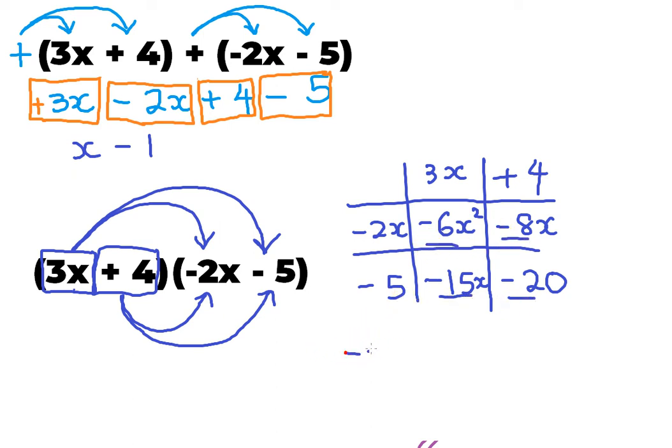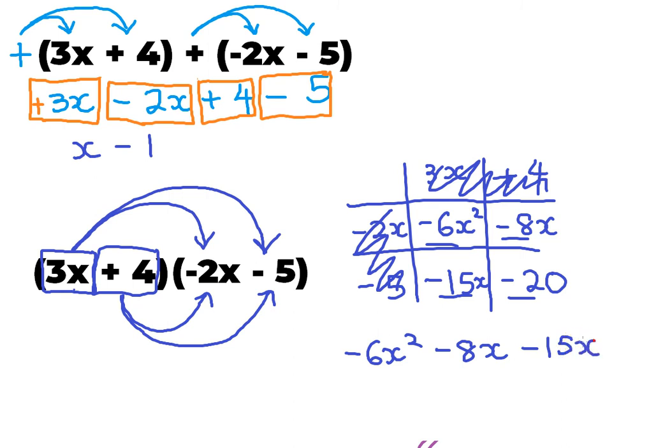So negative 6x squared, negative 8x, negative 15x, and I'm going to copy the last one, negative 20.